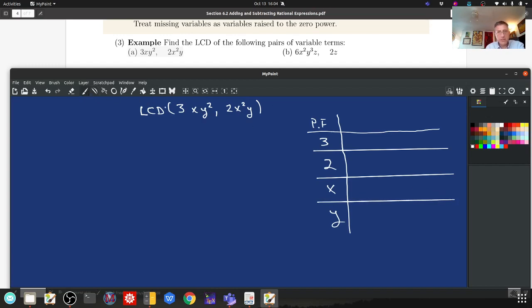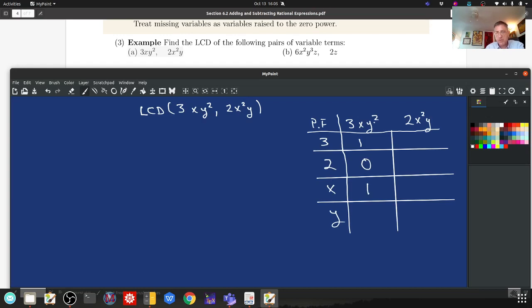Now I just simply write 3xy squared and 2x squared y. How many factors of 3 in my first term? 1. How many factors of 2 in my first term? 0. How many factors of x in my first term? 1.